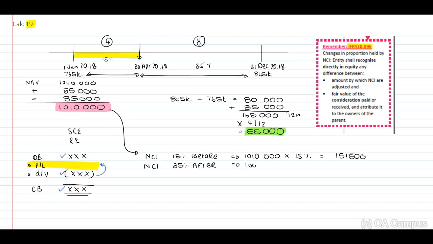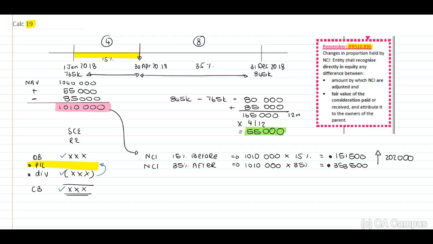Exactly similar, guys. 1,010,000 times 35%, and there is an increase in our NCI of 353,500. Therefore, our NCI will increase with an amount of 202,000. Guys, do you see this? It was 151,500 and it's now 353,500.